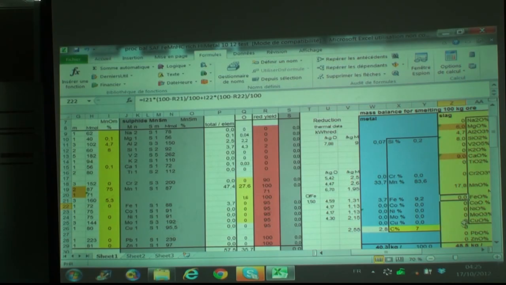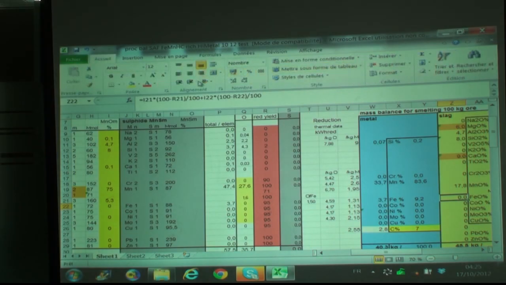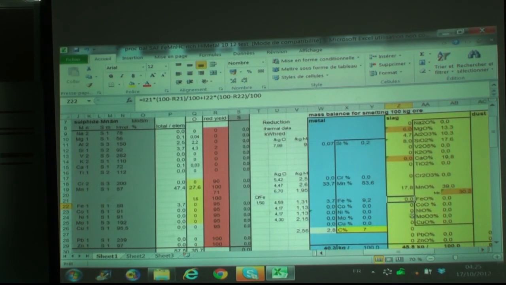Same for Fe, but for Fe it seems that there is 0, but actually it's not really 0. This I have to check, because normally it's not. You see, we have 95%.